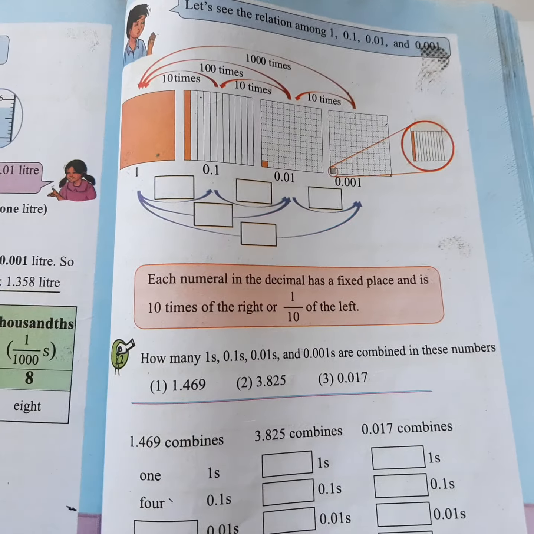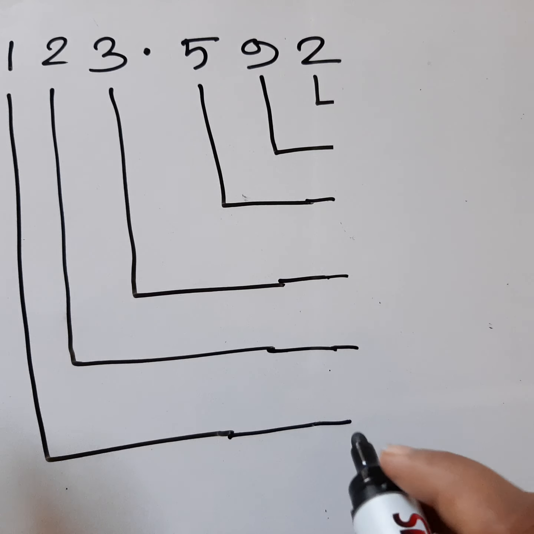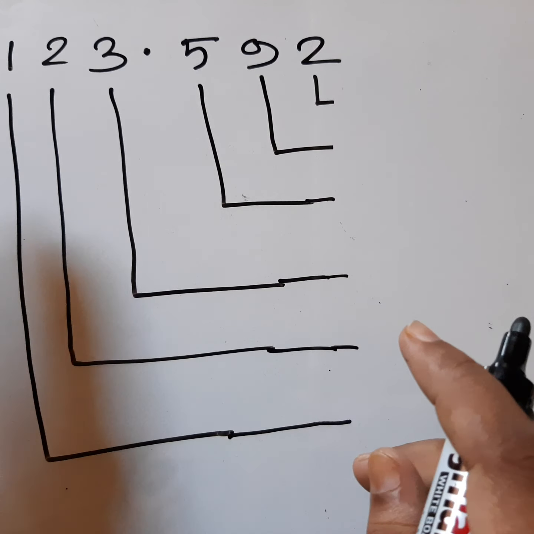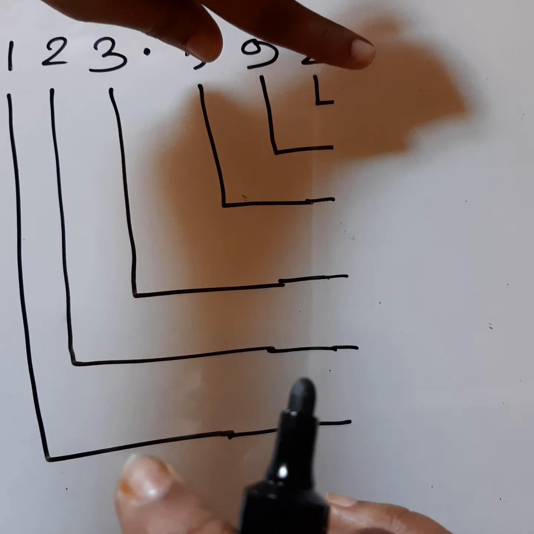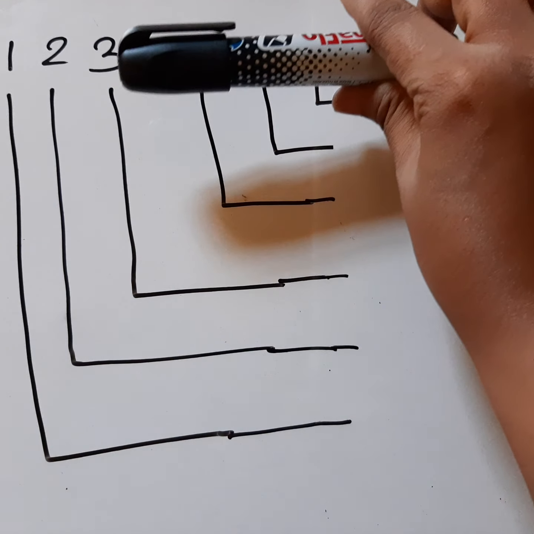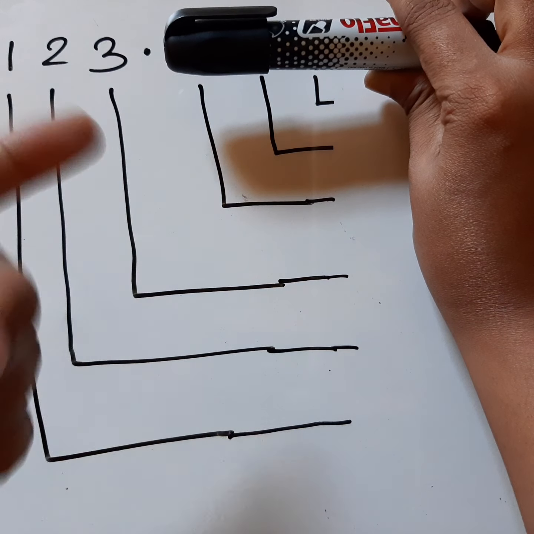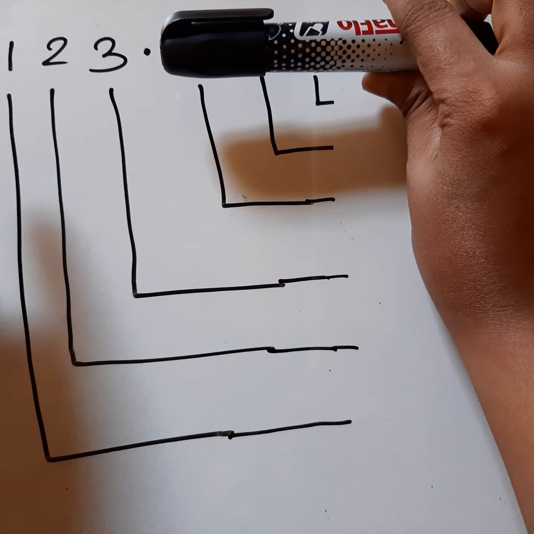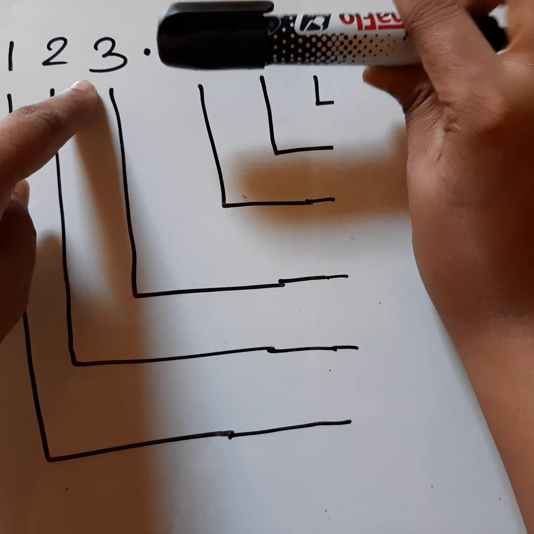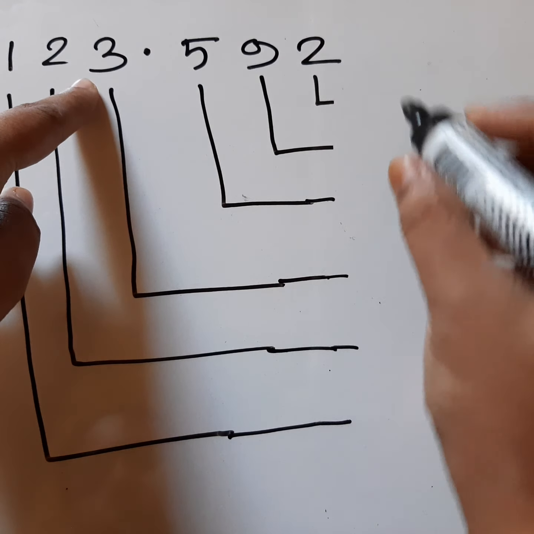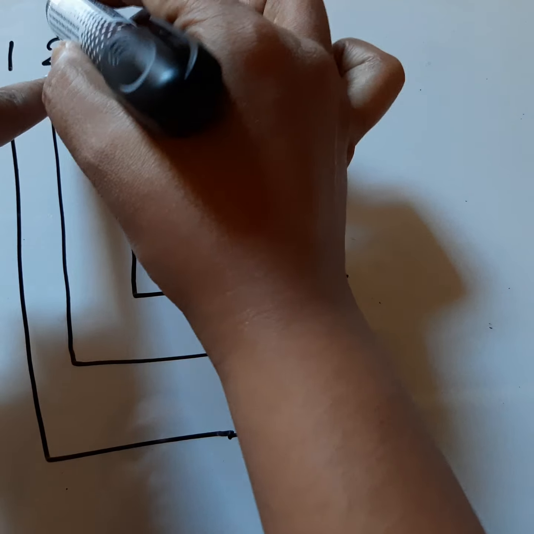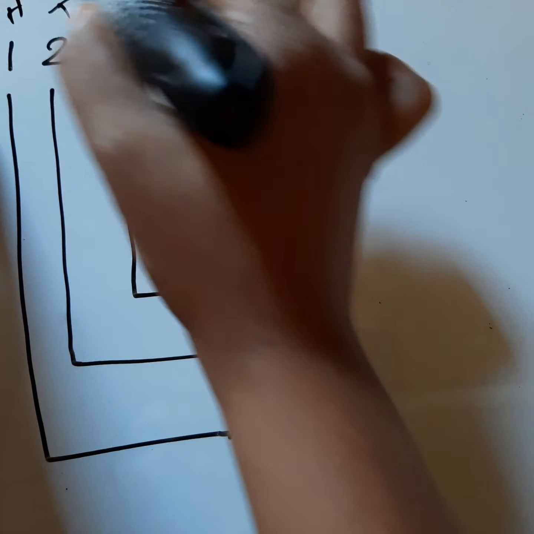Okay, now I'm going to talk about this. Let me show you this one. Suppose this is the whole number, so we say the first one is ones, so place of ones, then place of tens, then place of hundreds, right?